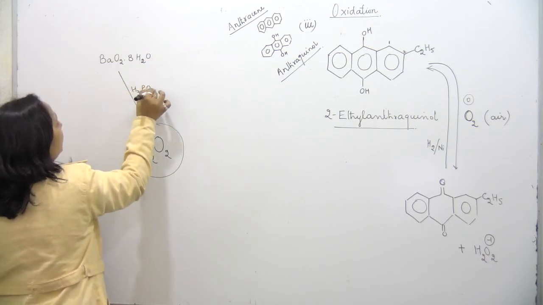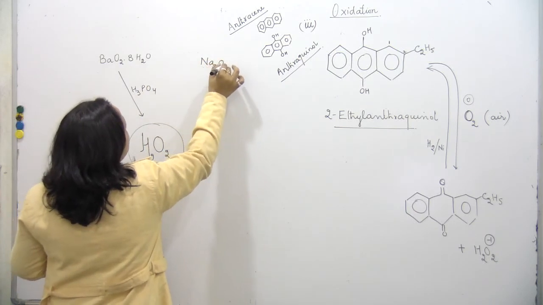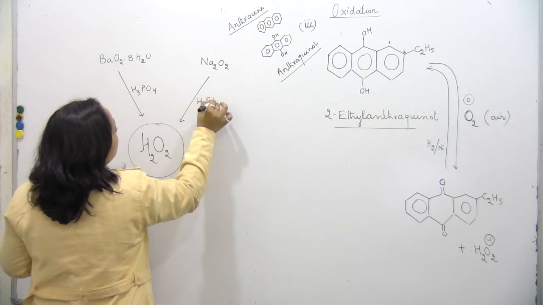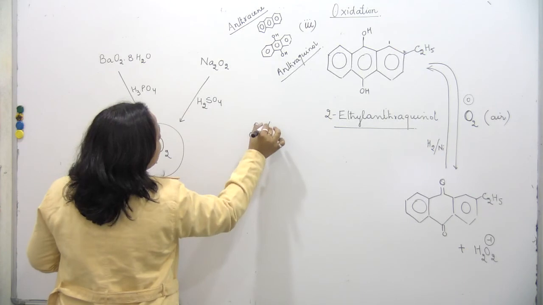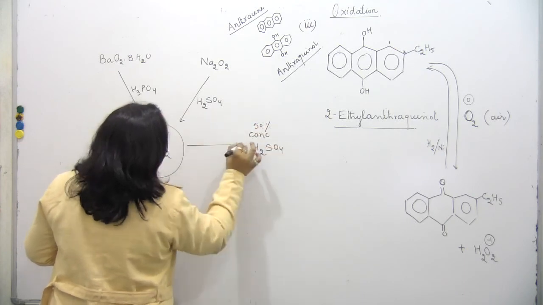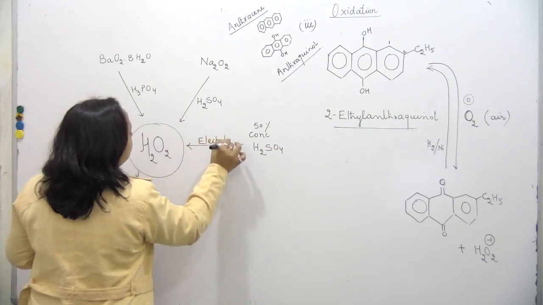That is first method we have done, very important. Sodium peroxide plus sulfuric acid, again hydrogen peroxide is formed. 50% concentrated sulfuric acid on electrolysis, we get hydrogen peroxide.